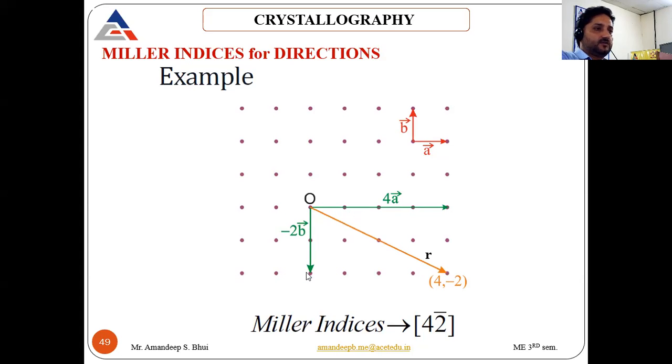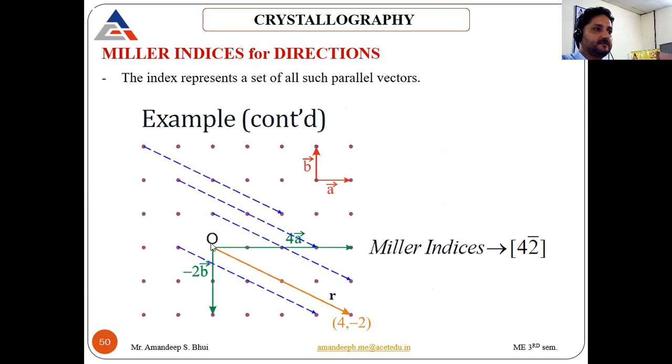So it can be defined as 4a minus 2b. So the Miller indices for this will be 4 comma minus 2, or 4, 2 bar, where the bar on top defines minus 2. So this is how we calculate the Miller indices in a two-dimensional plane.